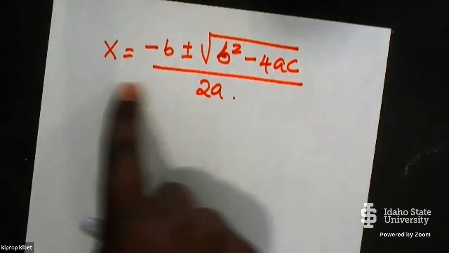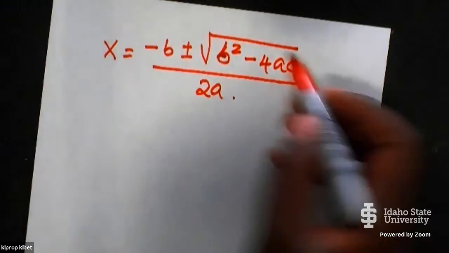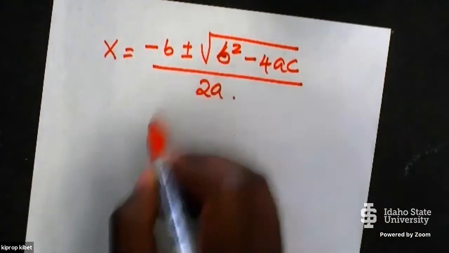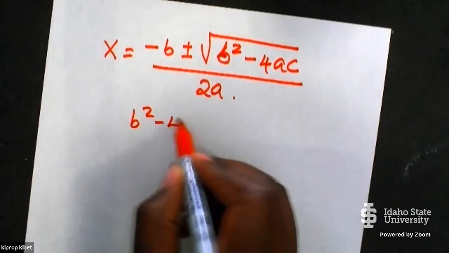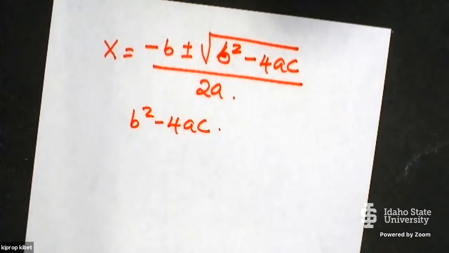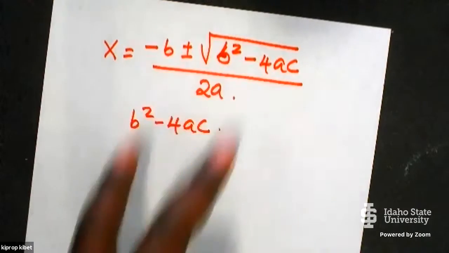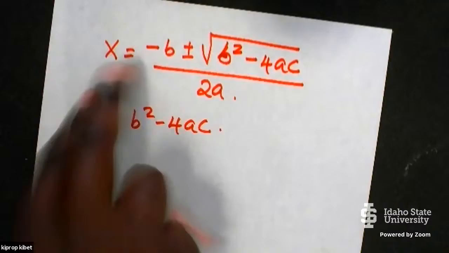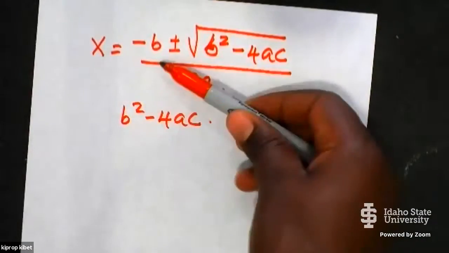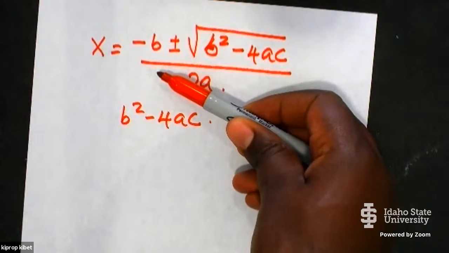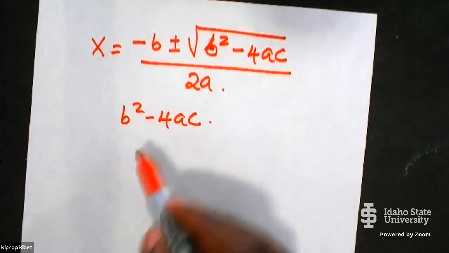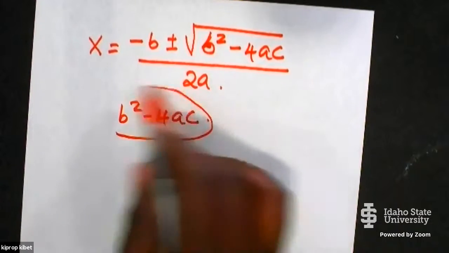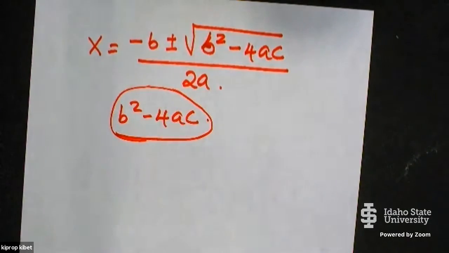So basically here, our discriminant is b squared minus 4ac. We want to know what solutions we're going to get when we apply the quadratic formula. So this is the discriminant.